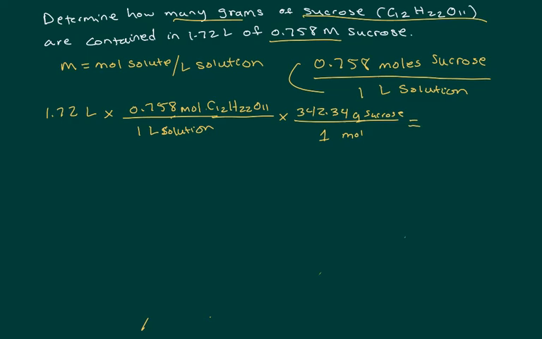So you see how liters cancel, moles cancel, and I'm left with grams of sucrose. This should give you 446 grams of sucrose. And I read the question to make sure I've answered it. How many grams of sucrose are contained in 1.72 liters of 0.758 molar solution?